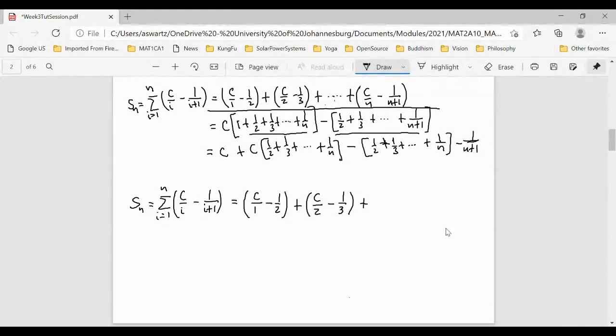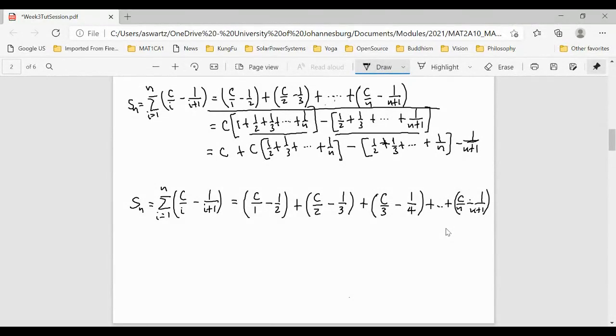So the next one's going to be c divided by 3 minus a quarter plus c divided by n minus 1 divided by n plus 1.